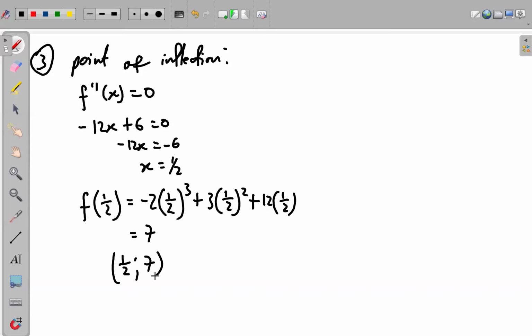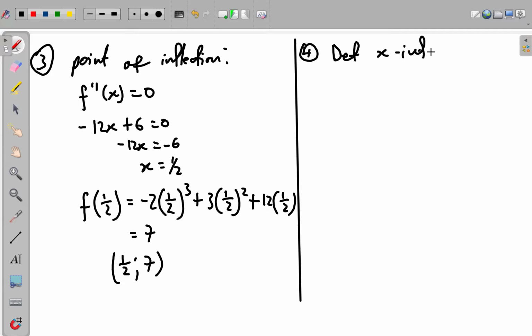Now, another interesting one, which is number 4. And I hope you all remember this. This is one of the very first few things we did, when we were talking about cubic equations, okay? The next thing is determine the x-intercepts.